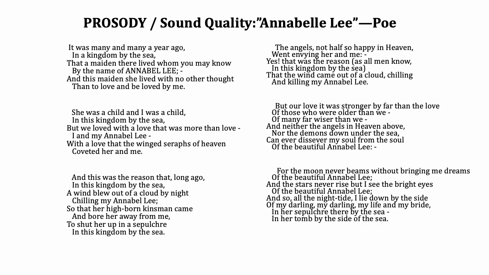It was many and many a year ago, in a kingdom by the sea, that a maiden there lived whom you may know by the name of Annabel Lee. And this maiden she lived with no other thought than to love and be loved by me. She was a child and I was a child in this kingdom by the sea, but we loved with a love that was more than love, I and my Annabel Lee, with a love that the winged seraphs of heaven coveted her and me.